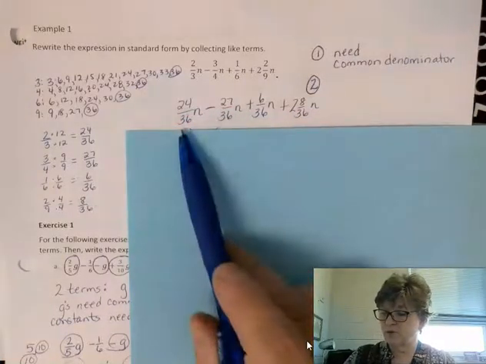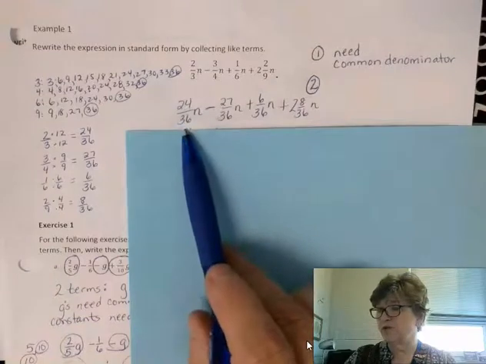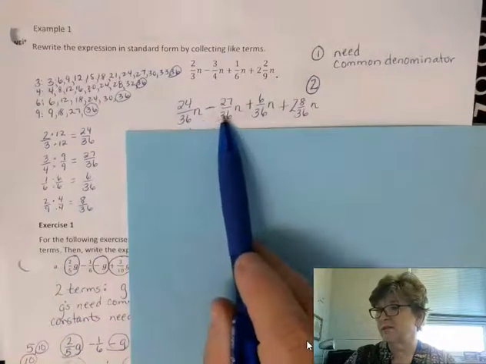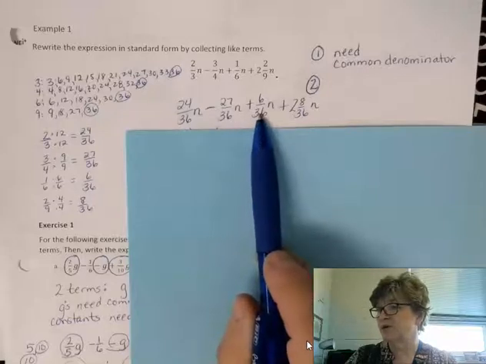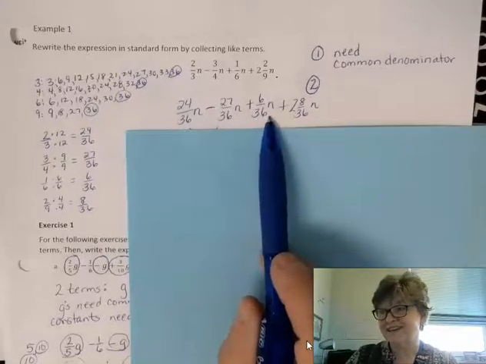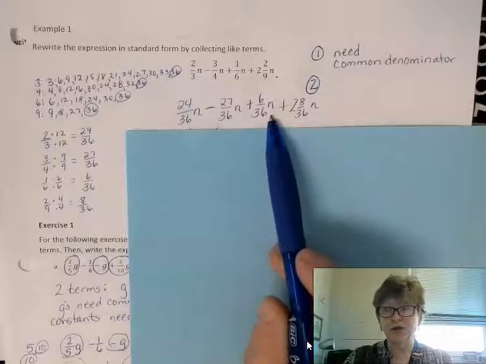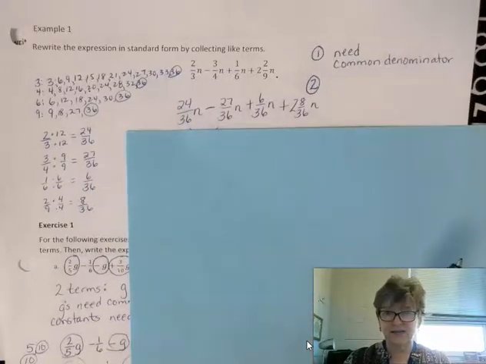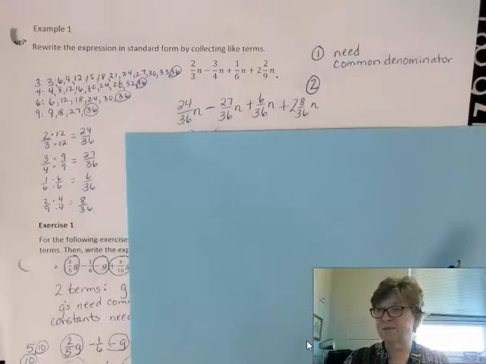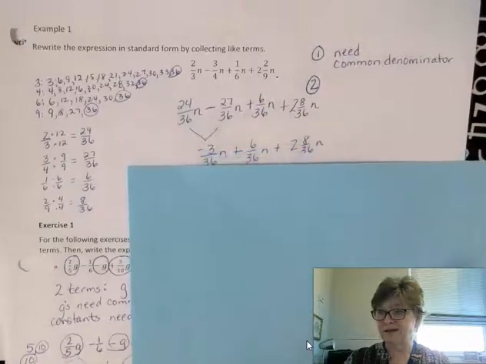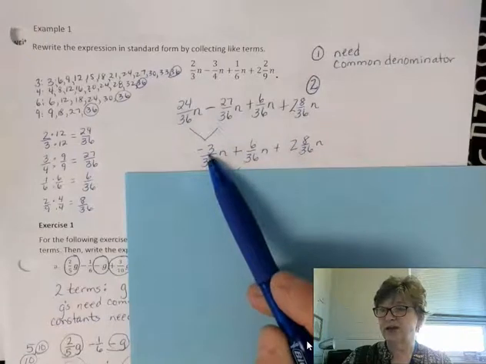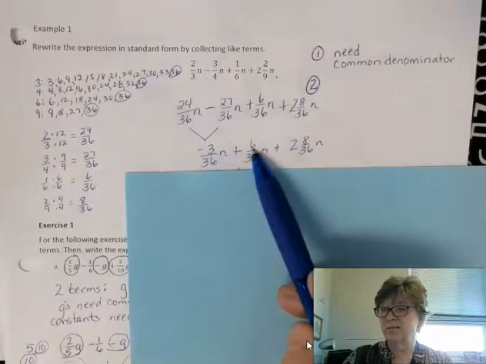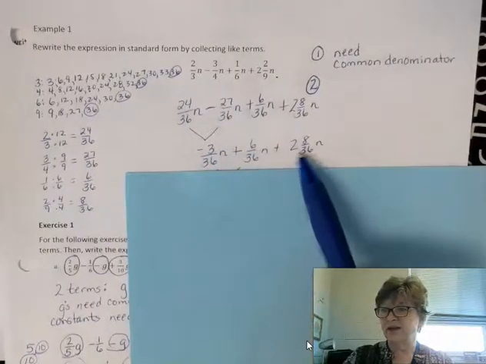If you notice, we have it all set up with 24/36 n minus 27/36 n plus 6/36 n plus 2 and 8/36. My next step is to begin combining. I chose to combine these, and I ended up with a -3 plus 6, and I've left this here.